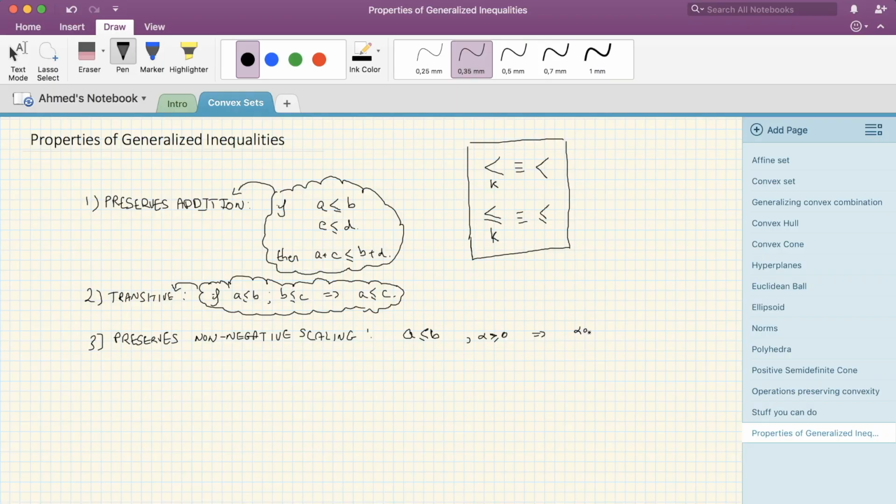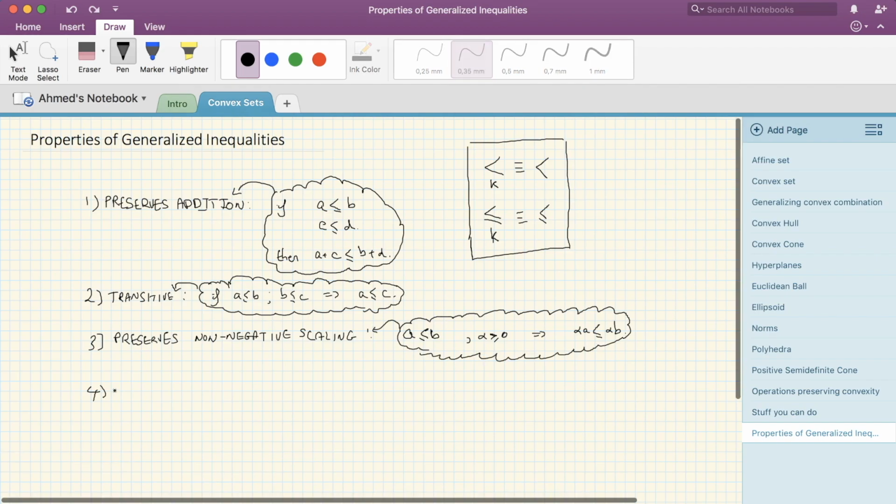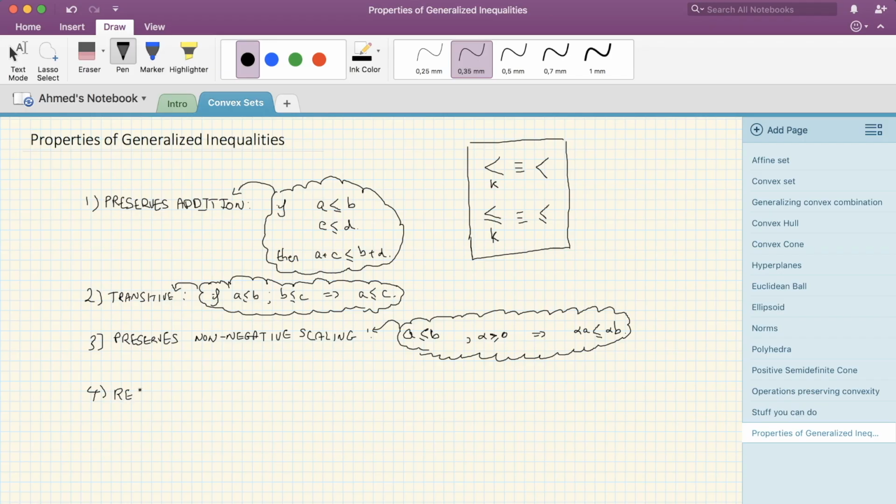Then alpha a is just less than alpha b. So far, so good. Those properties are also shared with the traditional inequalities that we know. We also have the reflexivity property, which is basically that a is less than or equal to itself, right? You also have the antisymmetric property, which basically tells you that if a is less than or equal to b and b is less than or equal to a, then a has to be b.